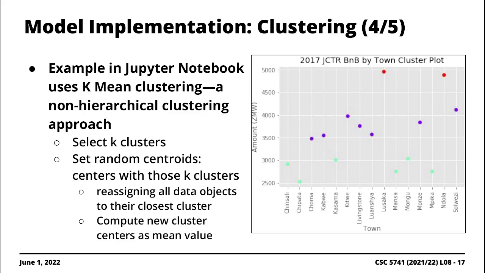You randomly set these, and the way the model works is you continuously reassign these different observations to the closest cluster by looking at the centroid. And you compute the new cluster centers as mean values.